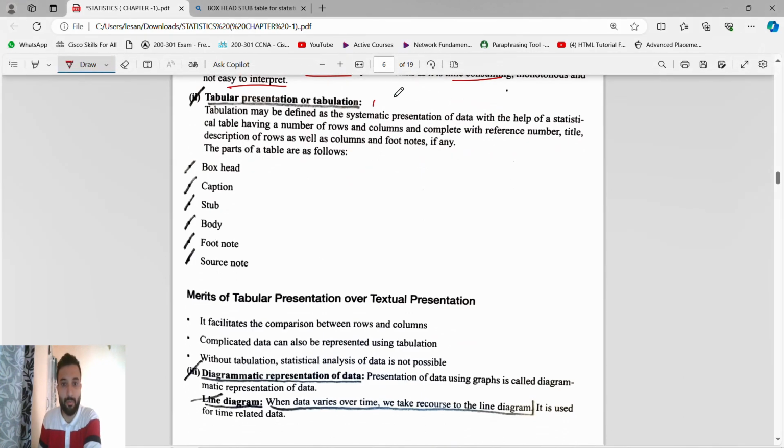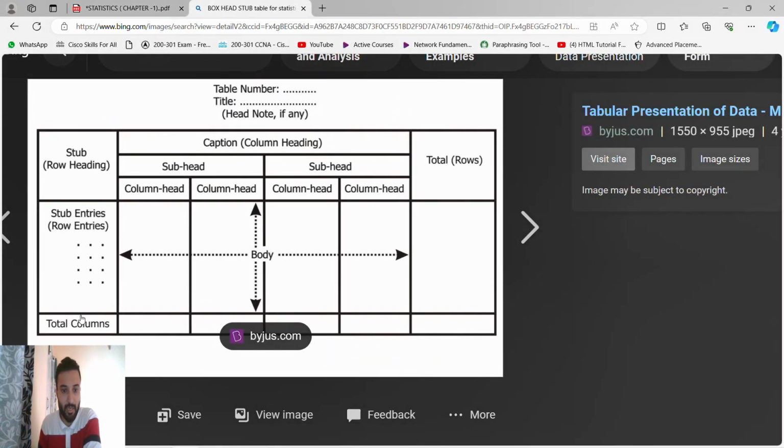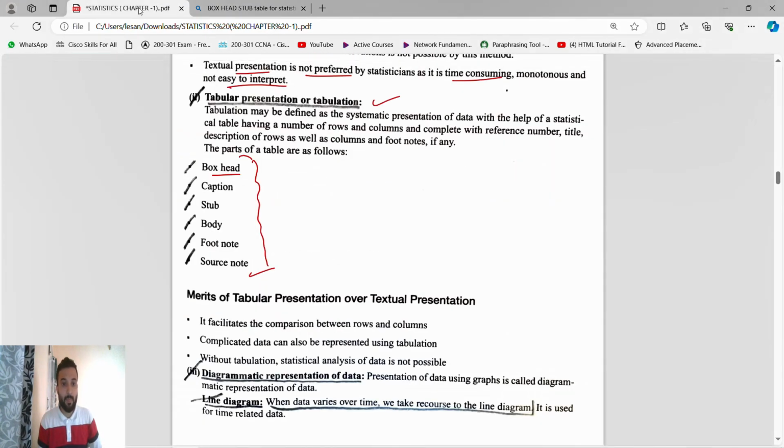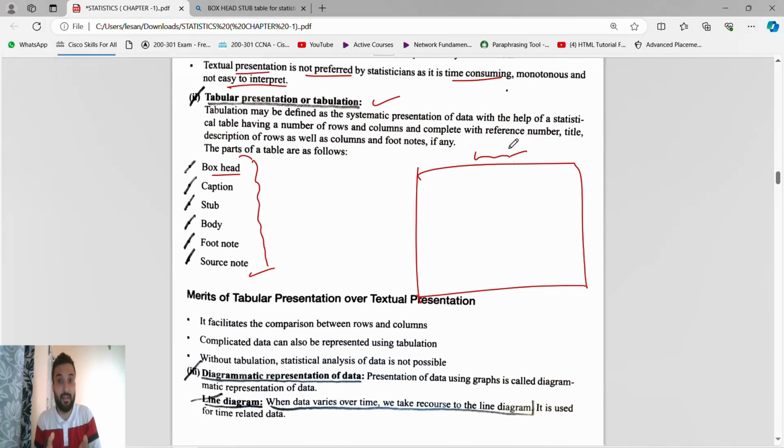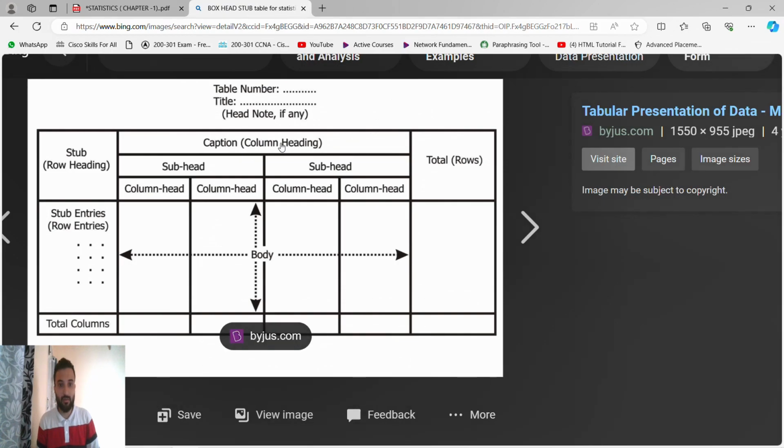So next they made the tabular presentation, in table form. These are the important parts. The box head is the heading of the box. Suppose you are making a population box, you write that this box is a population box, so the box head is the title of the box. Next is the caption: the caption is the column heading.